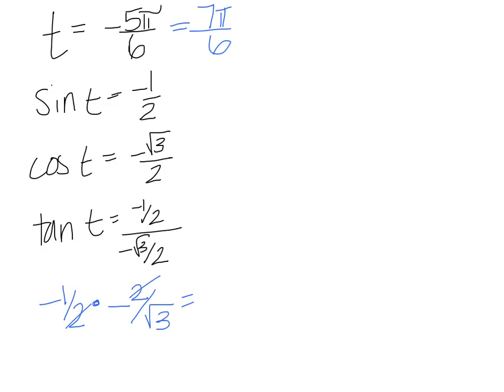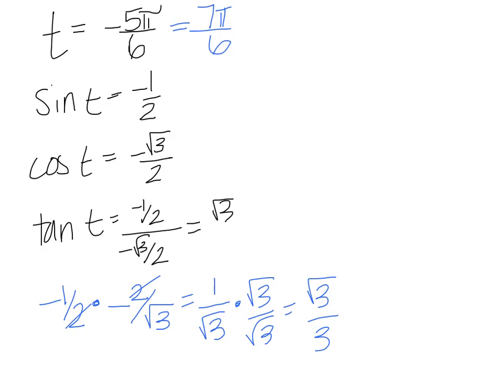So I end up with positive 1 over the square root of 3, which you have to rationalize by multiplying square root 3 over square root 3, which will give us the square root of 3 over 3. So our final answer for the tangent was the square root of 3 over 3. Okay, so half the work's done. That was the hard part.